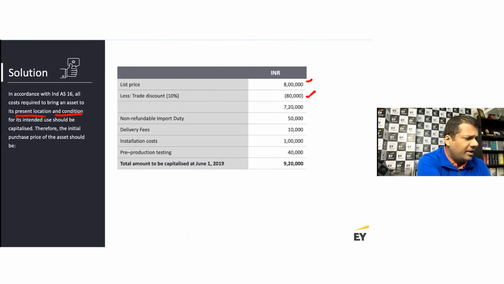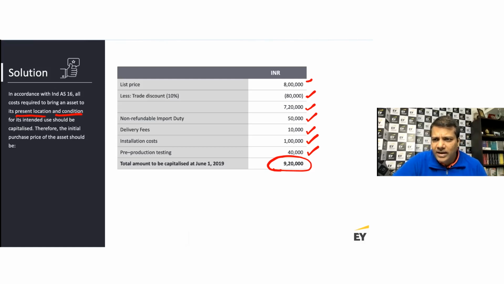We get to 7,20,000. Add 50,000 of non-refundable duties, delivery fees of 10,000, installation cost of 100,000, and pre-production testing cost of 40,000. All of these costs are incurred to make this asset ready for its present condition and location. The total is 9,20,000, which is the cost to be capitalized.